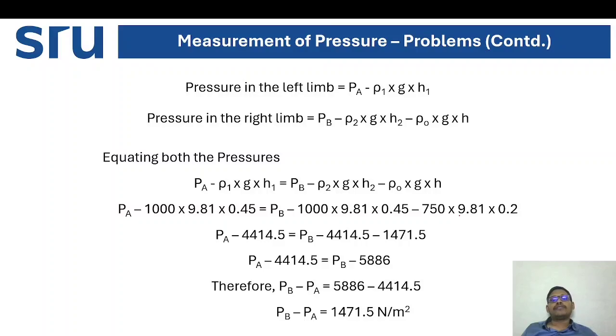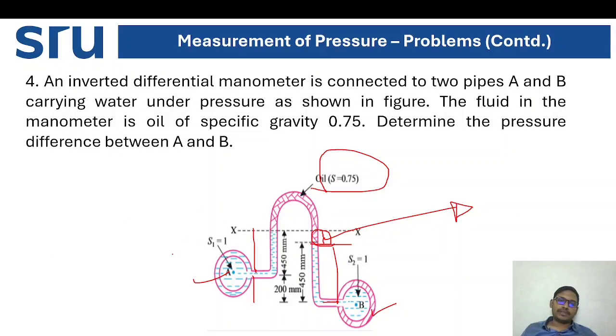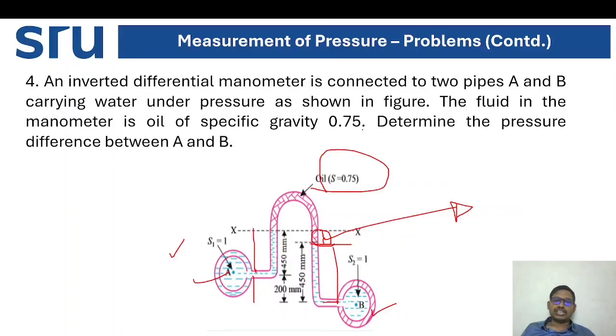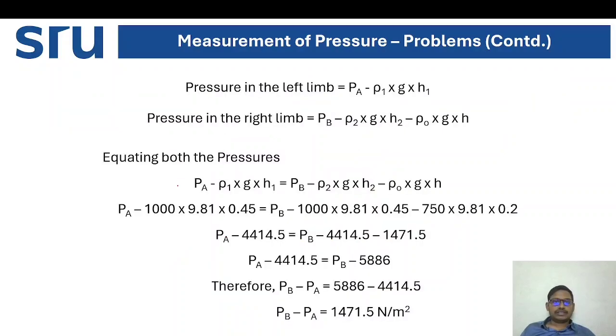So the left limb, you see this is the left limb, it is fine, there is no excess. Pa minus rho 1 gh1. Pb minus rho 2 gh2. That means in a simple sense we will always make it equal.